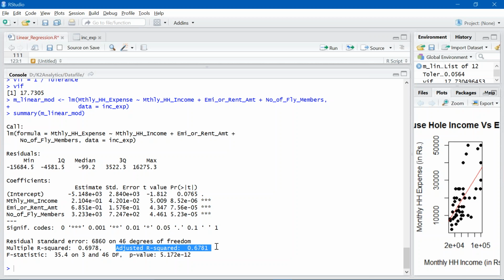If you add a variable which is useless variable, which has got no value, no importance, and if you use that variable also to build the model, so I have now three variables: monthly income, EMI, number of family members. Assume I have one more fourth variable, and that fourth variable is, say, household flat number.